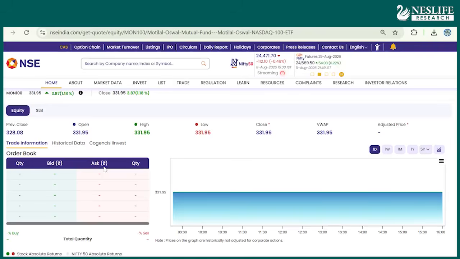Impact cost is how much extra payment you have to pay for a market order of 2 lakhs rupees, how much extra than the top ask order. That is impact cost. Lower the better.